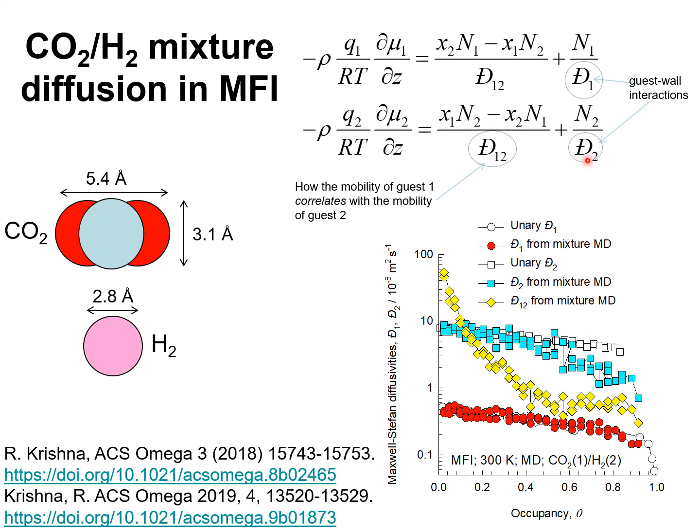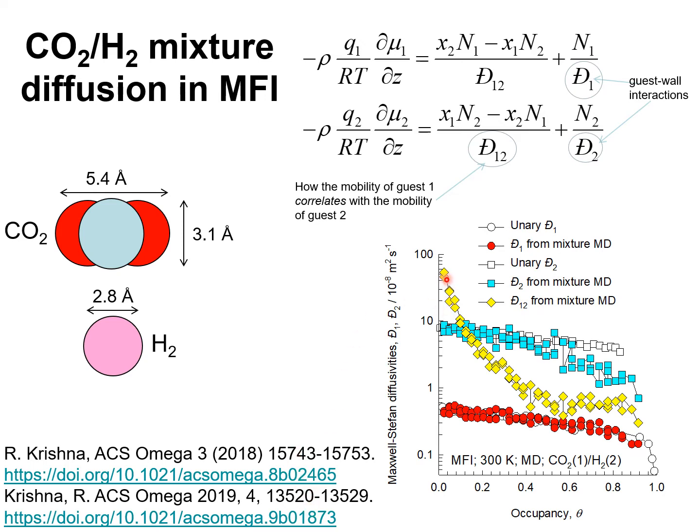This is a persuasive advantage for use of the Maxwell Stefan formulation, because these diffusivities representing guest wall interactions in a mixture have the same magnitude as the unary diffusivities, provided they are compared at the same pore occupancy. This is explained in detail in the publications listed here.